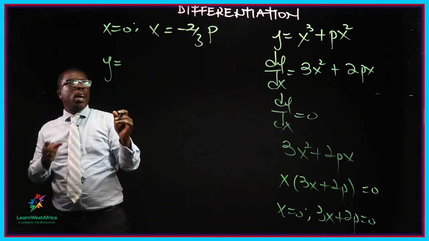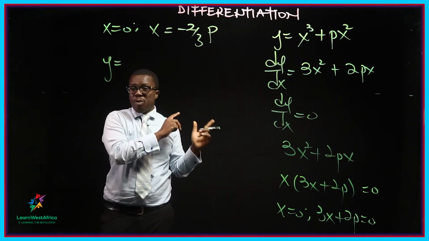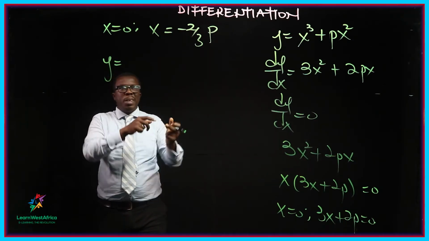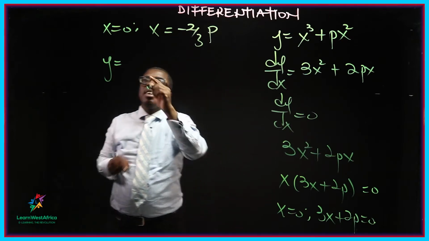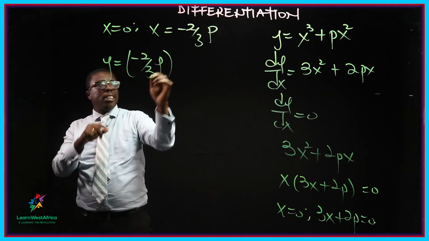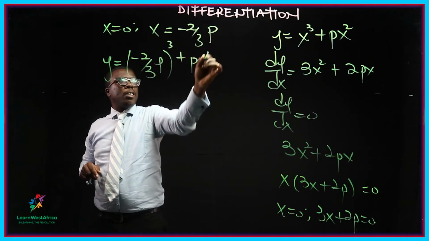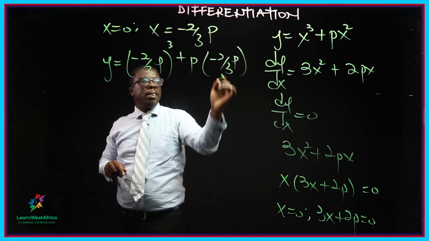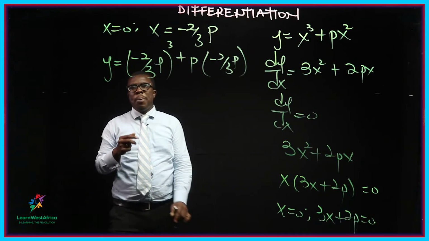y is going to give you x cubed plus p x squared. And remember, we are going to make a substitution with the x value. So this is our x. We're going to have minus 2 over 3 p, all cubed, plus p times minus 2 over 3 p, squared. So what happens here?